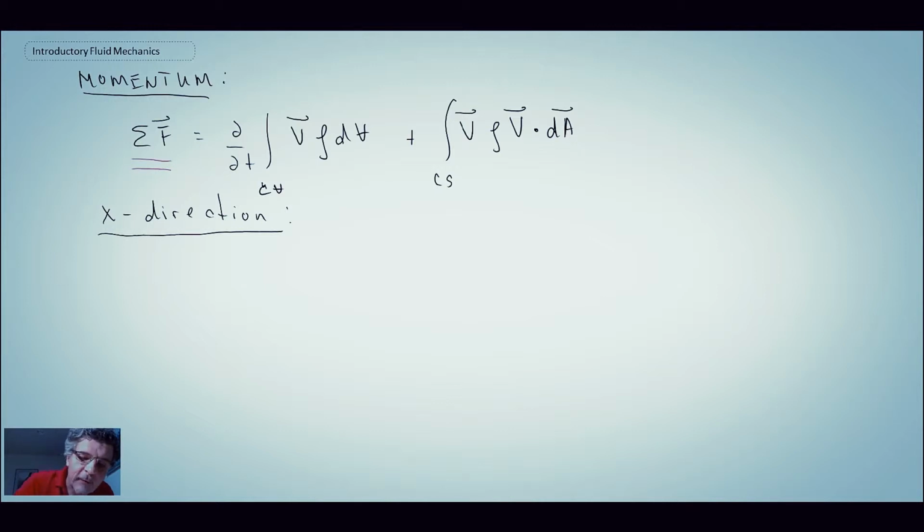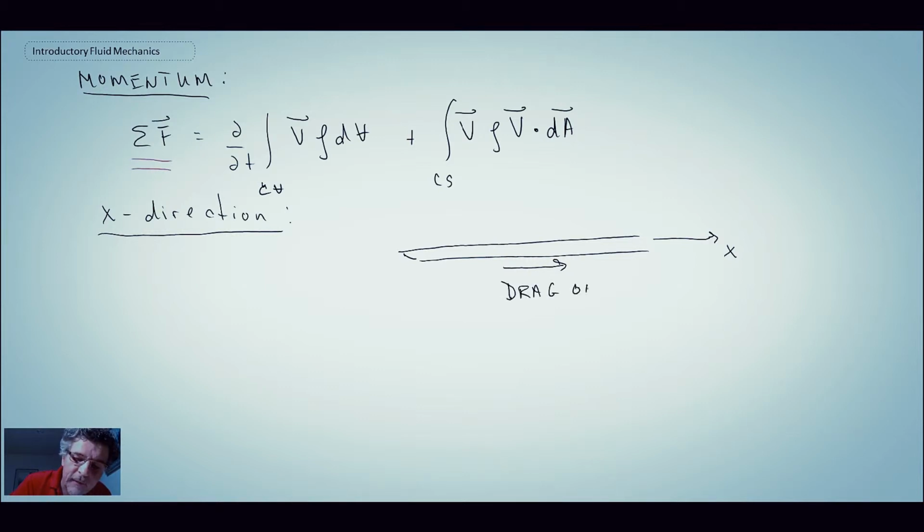And for that, what I'm going to do, I'm going to draw out a little schematic here of our plate. So this is our plate, and this is the x direction. Now when fluid flows over a plate, there's going to be a drag on the plate in this direction, and that will be our drag force D. But if we look at our control volume, and I'm just going to write out an arbitrary control volume here, there would be an equal and opposite force on the control volume.